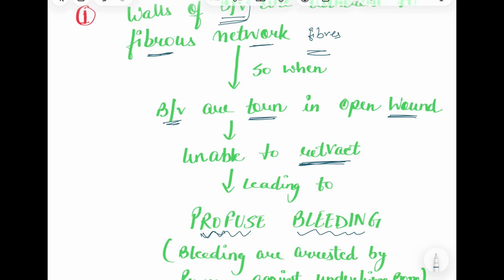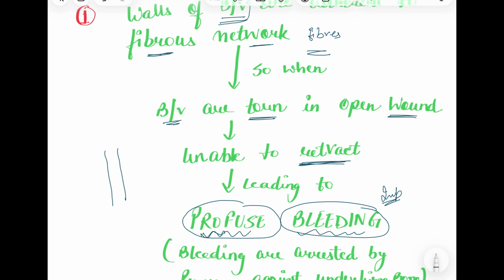This is one of the very important questions that examiners love to ask: why is there profuse bleeding if there is an injury on the scalp? It is because the wall of the blood vessel is tightly adherent to this fiber. So whenever there is a cut, it does not retract back, leading into the profuse bleeding.